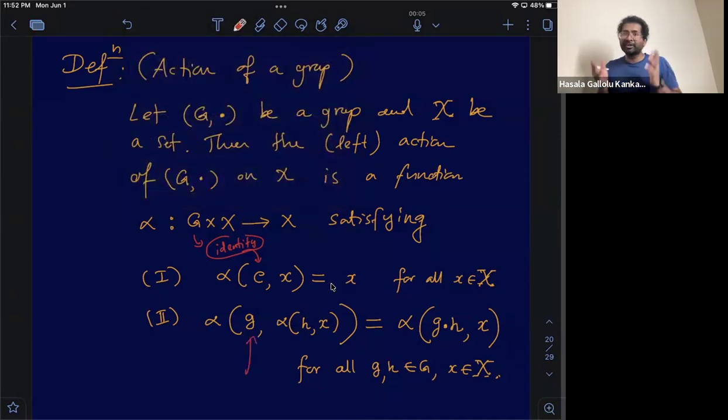So this is about two consecutive occasions of letting the group elements act on an element in that space X. So the output should be consistent exactly if you just operate these two group elements and then apply the action by using that combined group element.